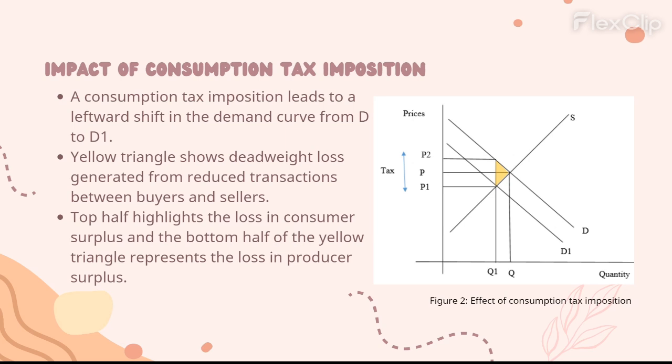It highlights that there is a rise in the price for the consumer, but the price received by the producer is reduced. DWL is presented by a yellow shaded area, where the upper half is the consumer loss and the lower half is the producer surplus loss.